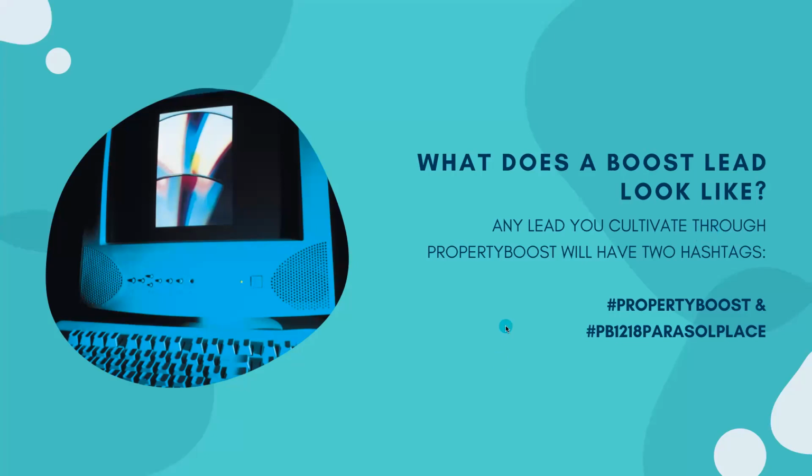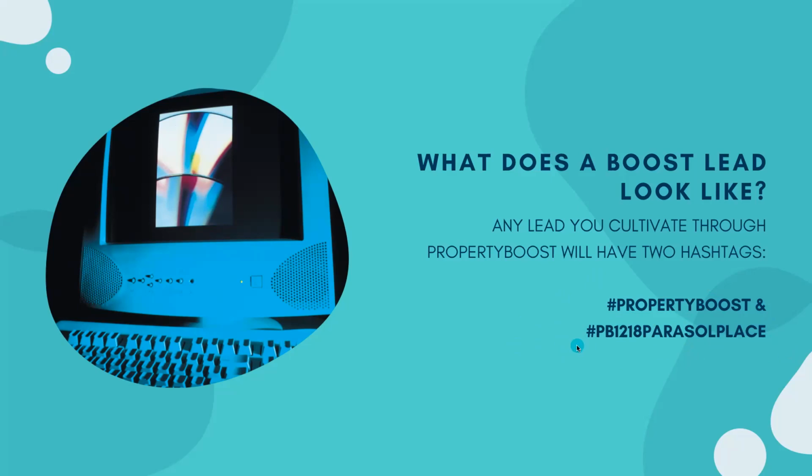Any lead that you cultivate through these ads, the KV Core basically tracks that, right? There's a paper trail. So it comes into your system and it recognizes that person as a Property Boost lead. So you're going to see that through hashtags. If you guys haven't seen a hashtag, I'll try and show you an example.